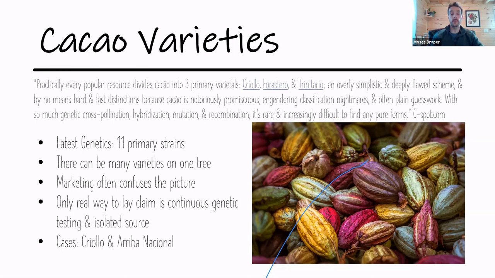And then a little bit similarly with Criollo, again, people often claim to be selling Criollo cacao. Criollo is a specific variety. It's smaller seeded, and it's often highly sought after in the craft chocolate world. If you ever have the opportunity to find a genuine Criollo cacao bar or chocolate bar, highly recommend it.